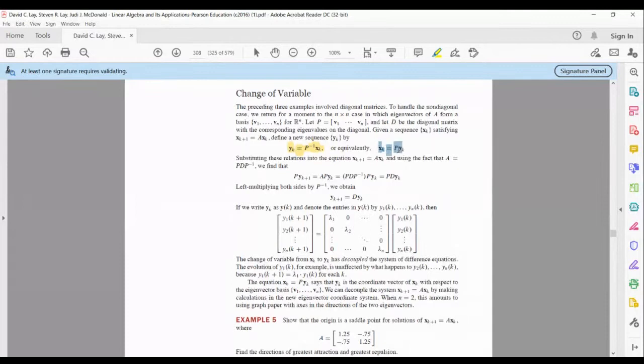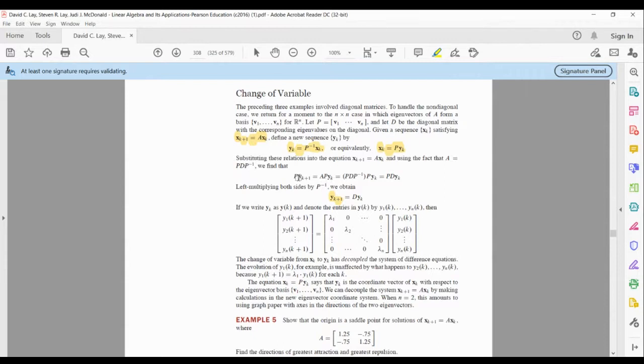But that means then that x sub k equals P times the vector y sub k. So now instead of looking at x sub k plus 1 equals A times x sub k, we're going to look at the dynamical system involving y sub k plus 1. Well, what would that be then?